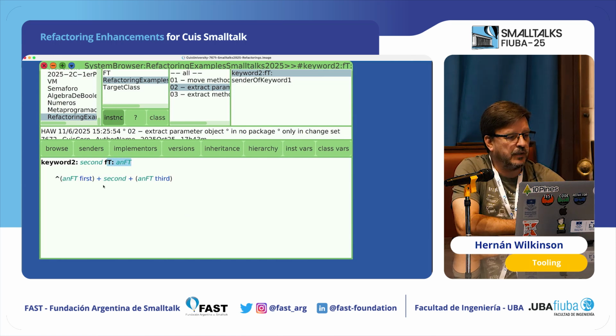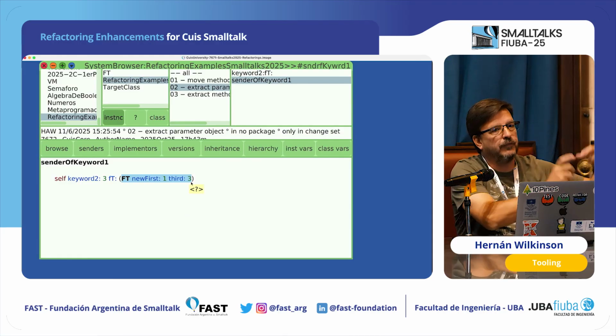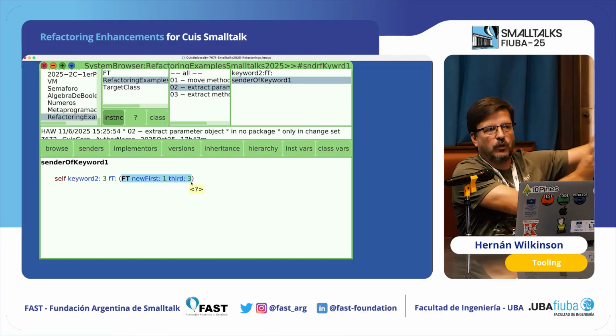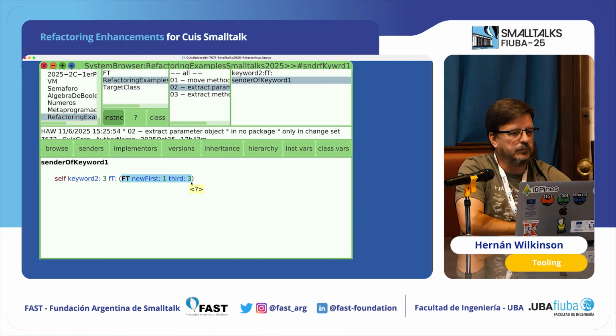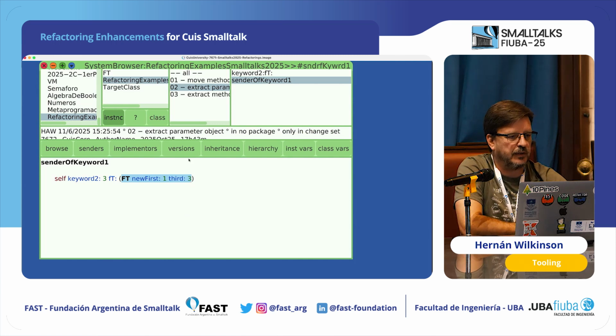And as you can see, we keep the same behavior, getting the first of that object and the third, sending the message third to that object too, that is instantiated using the new class and the instance creation message. So it's very useful when you have parameters that you pass all the time on different messages, so you can extract those parameters in one class.